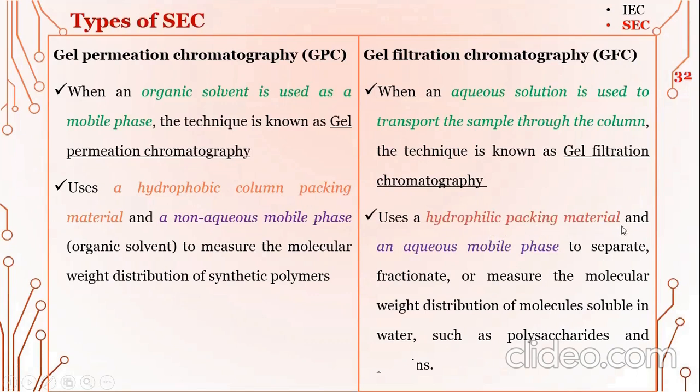The column and the aqueous mobile phase are used to separate, fractionate, or measure the molecular weight distribution of molecules soluble in water, such as polysaccharides. So these two are the major types of size exclusion chromatography.